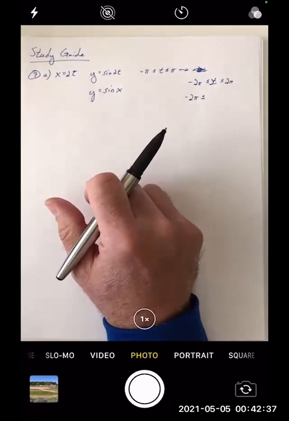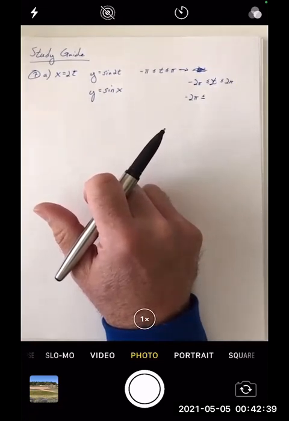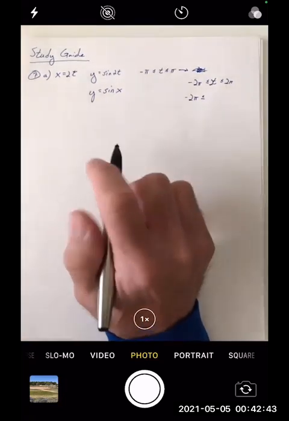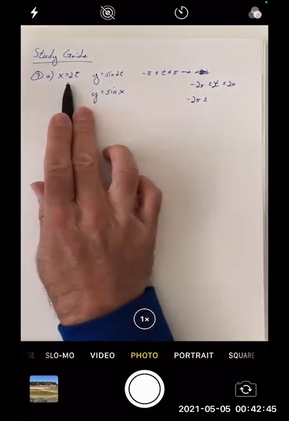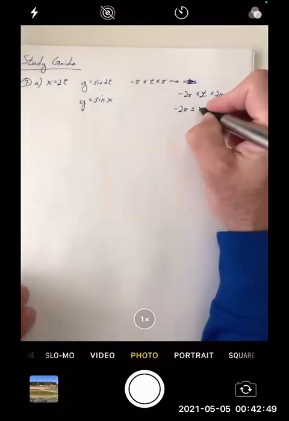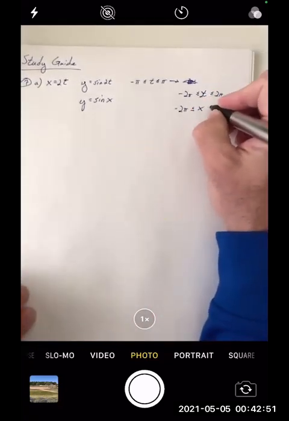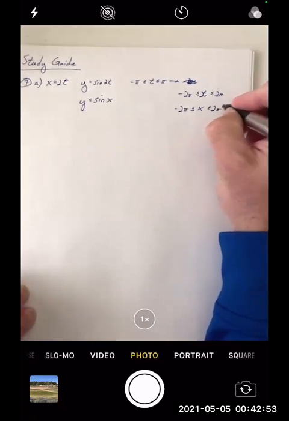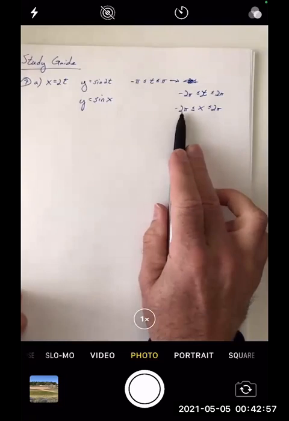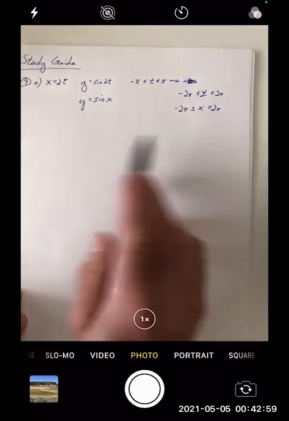What does 2t actually equal? X. So x is going to be between negative 2 pi and 2 pi. When you draw the graph of sine, make sure you're only drawing from negative 2 pi to 2 pi on the x's.